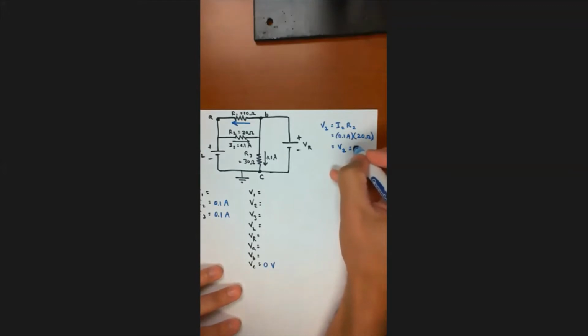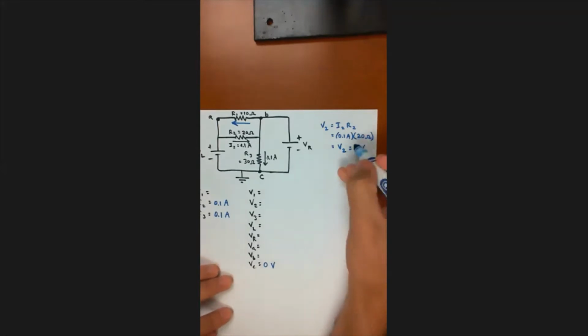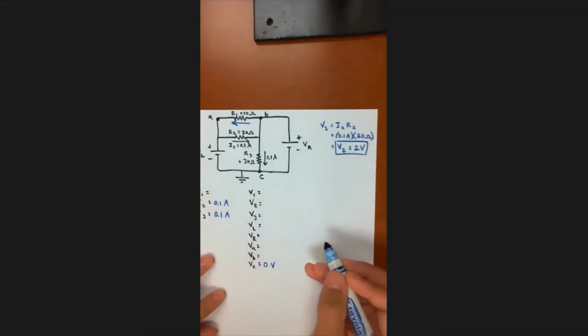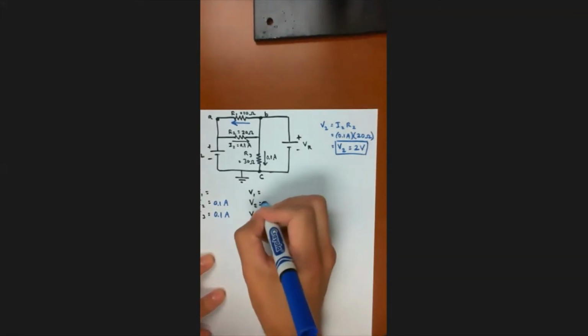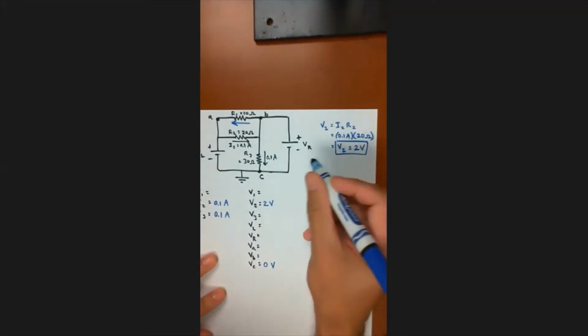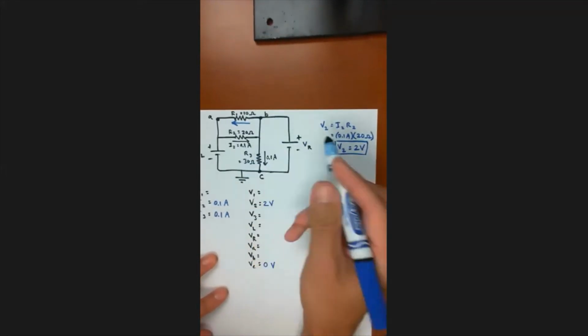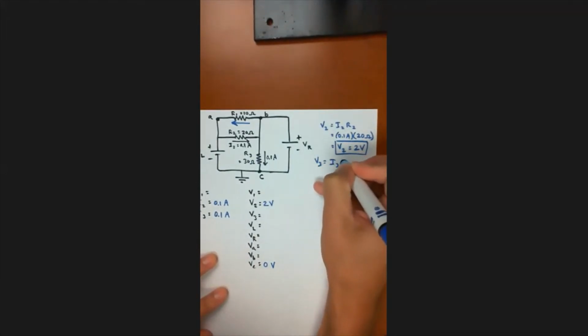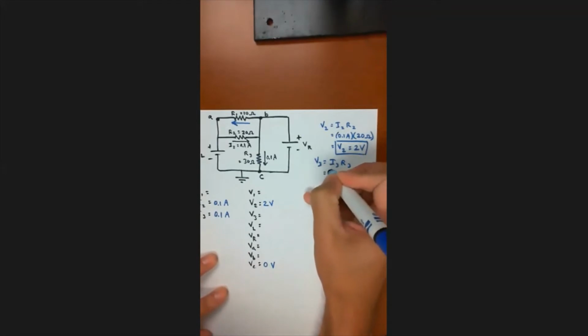Yes, V2 equals 2 volts, okay? Whenever I come up with a significant result, I like to put it in a box. V2 equals 2 volts, then you can write that in. Now we can also do the same thing for resistor 3. We can write V3 equals I3 R3.